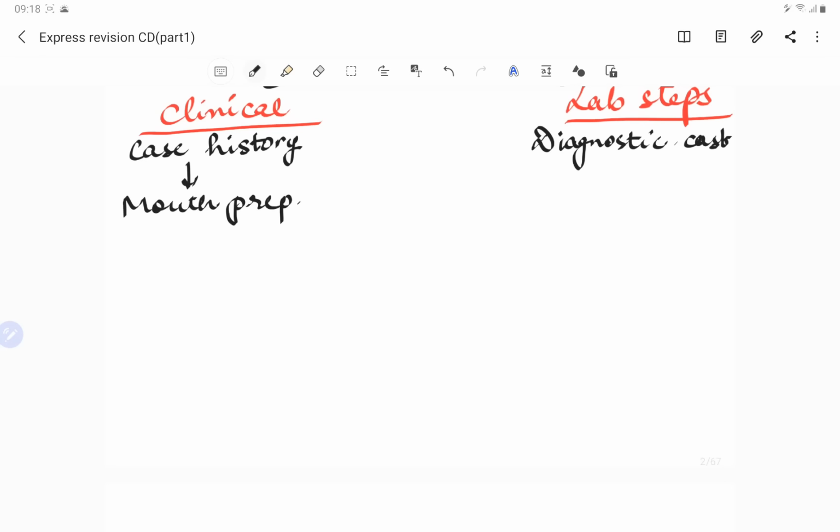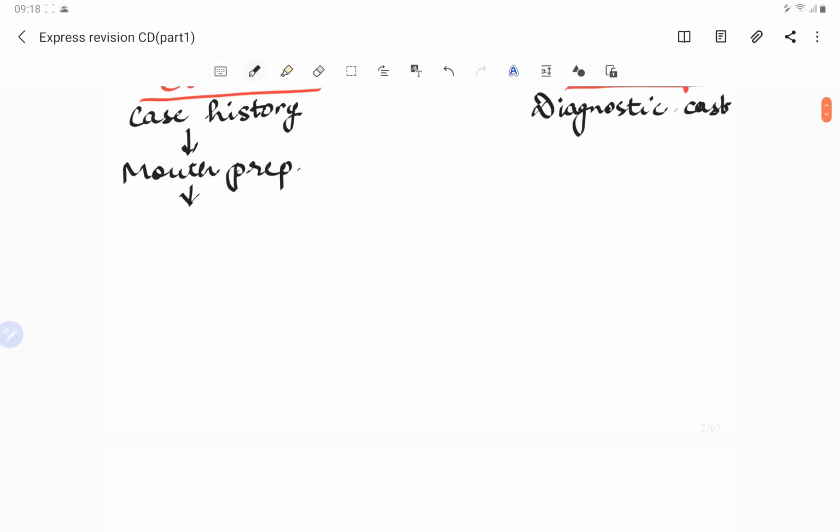Suppose any flabby tissue is there, any tori is present, or in case there are deep undercuts present, we want to do either alveoloplasty or alveolectomy. So any pre-prosthetic surgery will come under mouth preparation.